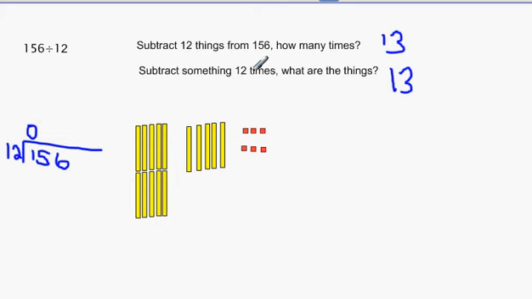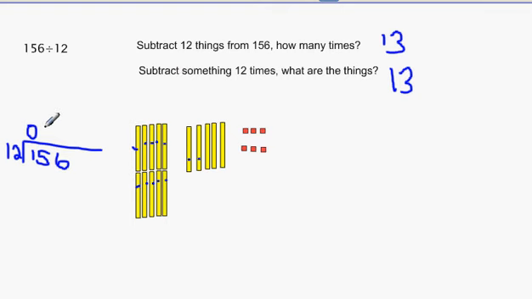So can I subtract something 12 times from this group? This is a bit of a problem over here, so let's just worry about the rods for now. If I subtract one rod once, twice, 3, 4, 5, 6, 7, 8, 9, 10, 11, 12, I can subtract something 12 times.